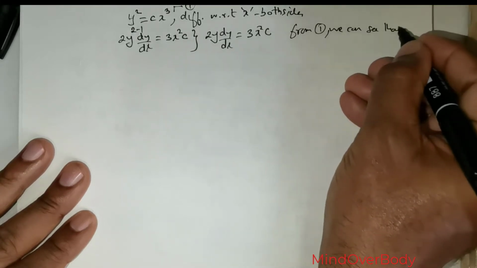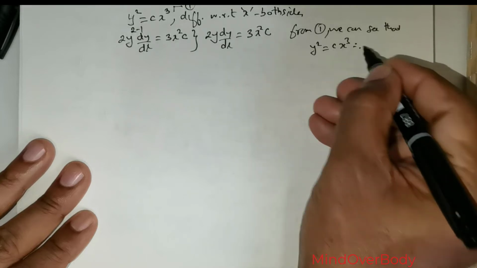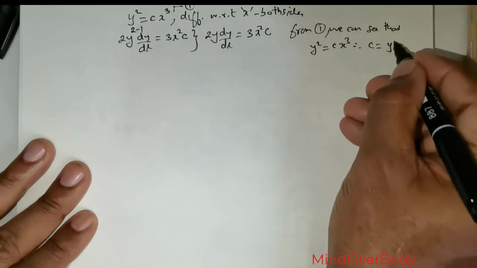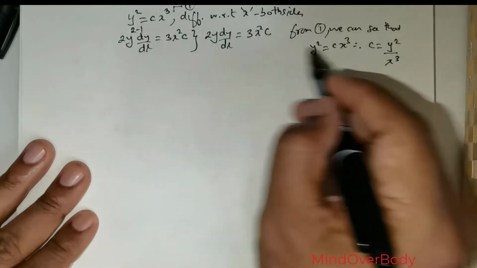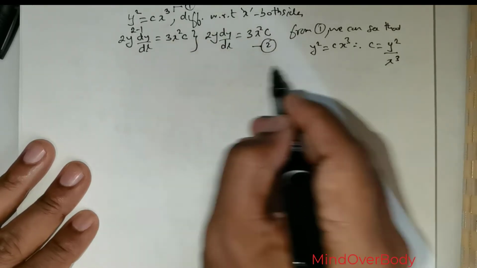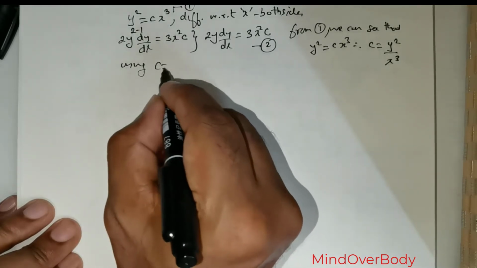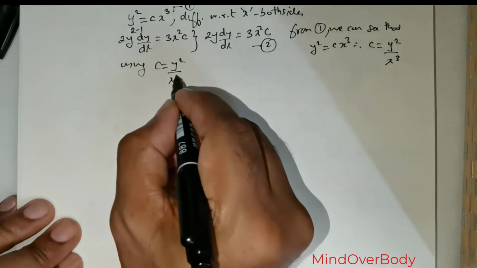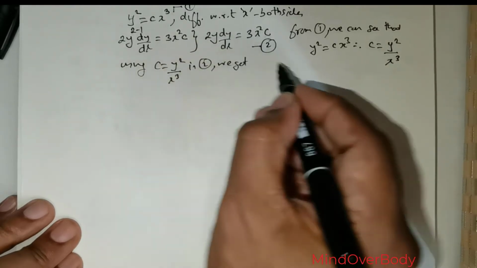Now from 1 we can see that we have got y squared is equal to c times x to the power of 3. Therefore c is y squared divided by x to the power of 3. If I were to take this as 2, I'm going to write that, using c is equal to y squared over x to the power of 3, so what do we get?